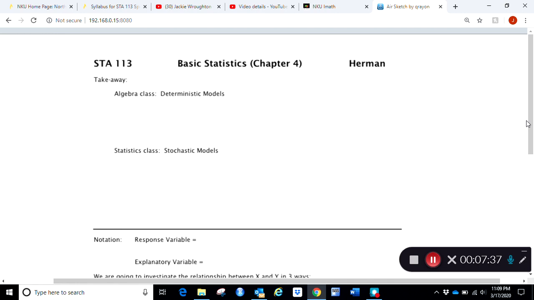A deterministic model is an equation that perfectly or exactly describes the inputs and outputs.